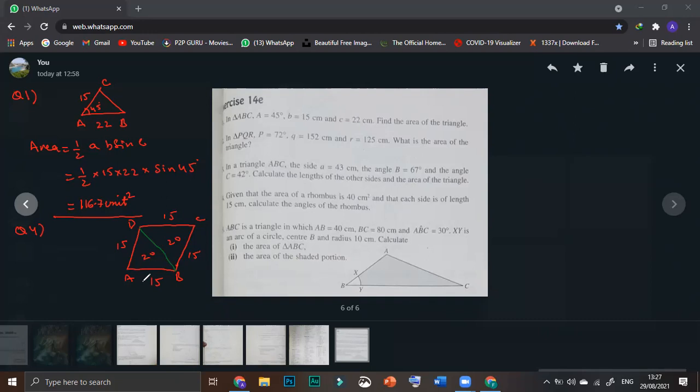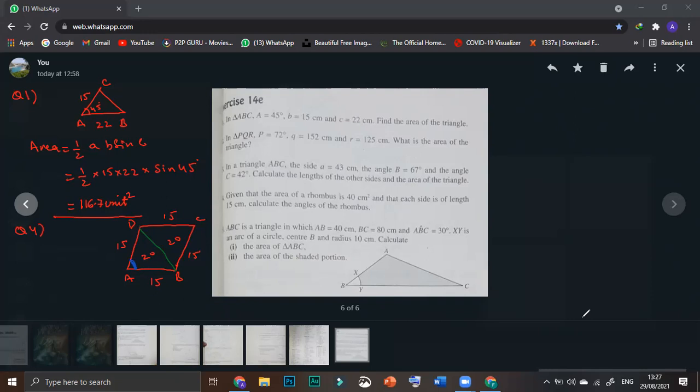We have the two adjacent sides, but we don't have the included angle. If we consider the triangle ABD, then the two adjacent sides are AD and AB, and the included angle marked with a blue color is A.